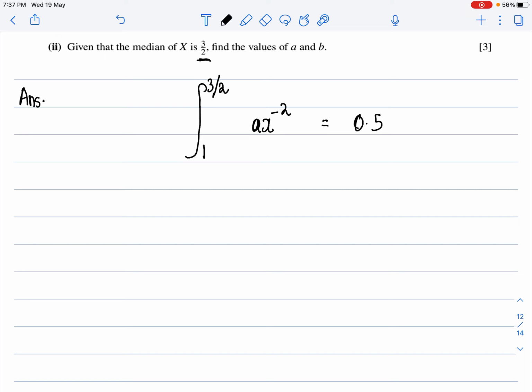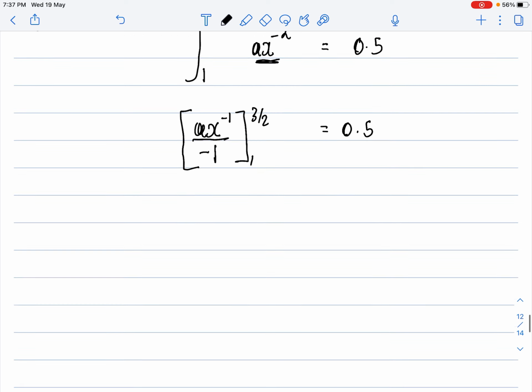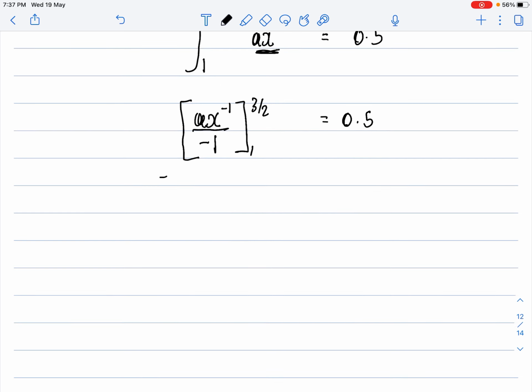So now what I need to do is the integration of this, which is simply a into x raised to minus 2 plus 1, which suggests minus 1 over minus 1, with the limits 1 and 3 over 2 equal to 0.5. So I can simply write this as minus a over x with the limits 1 and 3 over 2 equal to 0.5.